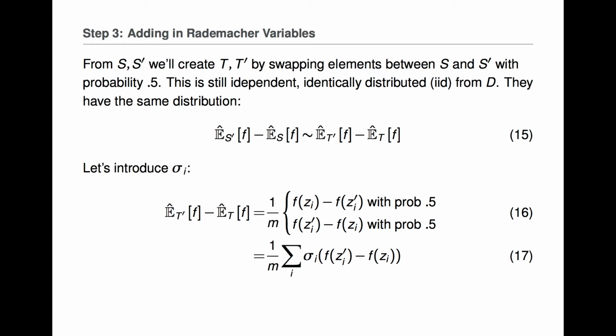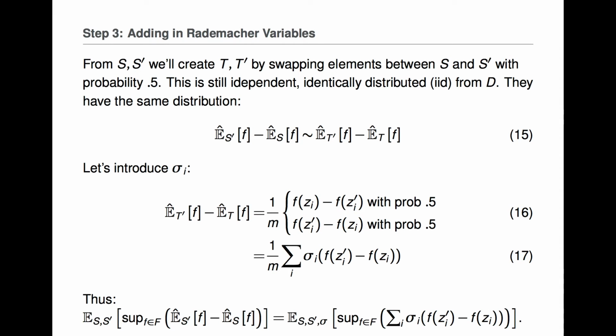We just have these coin flips with probability 0.5 embodied in a variable sigma. And the sigma takes on values plus or minus 1, saying whether we flipped it or not. And so the sigma i is controlling whether the direction of this difference gets flipped or not. And now we have rewritten the expectation in a way that adds an additional variable sigma.